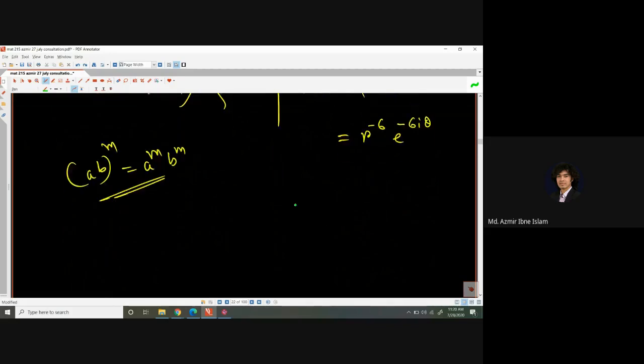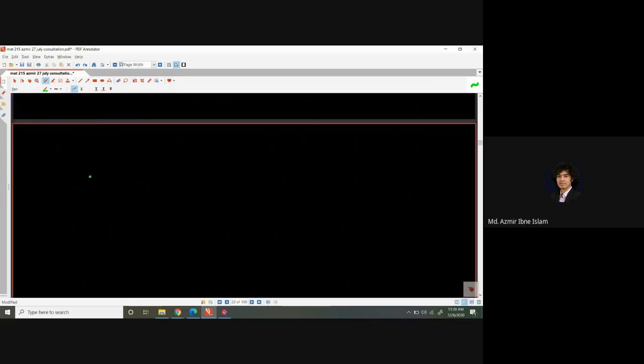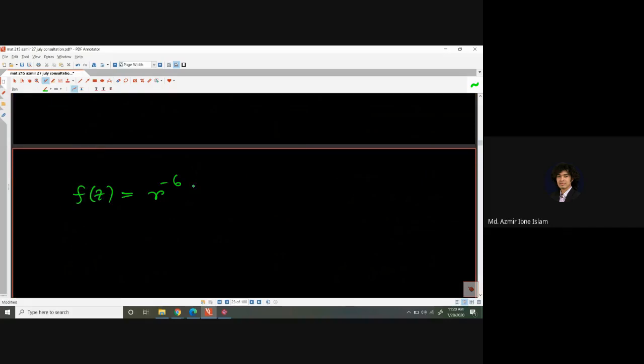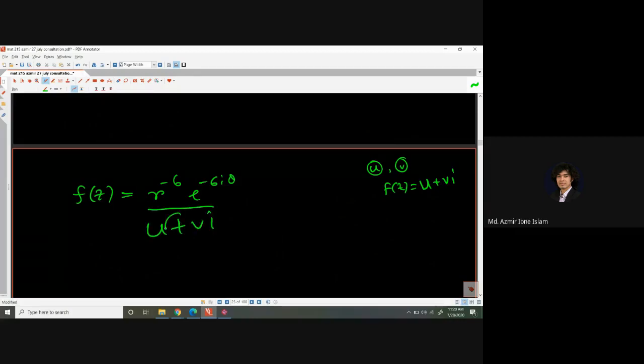So let me take another page. f of z is found to be r to the power -6 times e to the power -6i theta. Our target is to find u and v. f of z will finally take the form u plus vi, but this is not u plus vi. Here the plus is missing.